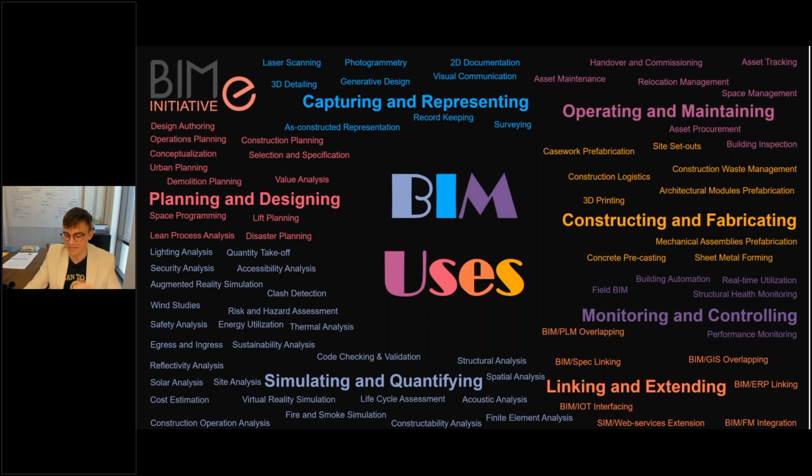And there are so many different kinds of analyses and simulation. You can do just about anything you have the ability to with these models. I'll give a few examples.